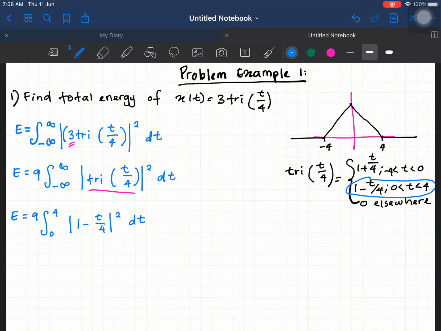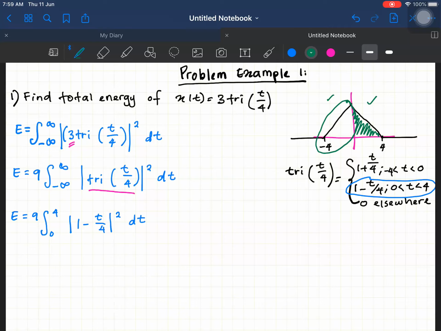However, before we proceed, I want you to have a look. This part, 0 to 4, only covers half of the signal. What about this area? This area is not included in our integration here. If you look at the signal, you will see that this part and this part are mirror images of each other.